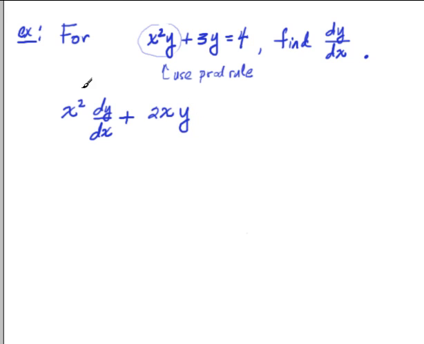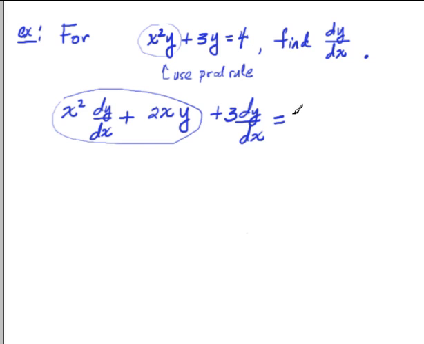So all of this is the derivative of this first term. So now we move on to the second term, plus 3 times the derivative of y, that's dy/dx, is equal to the derivative of the constant 4, which is 0. All right, so that's it. That's differentiating implicitly. We had to use the product rule here.